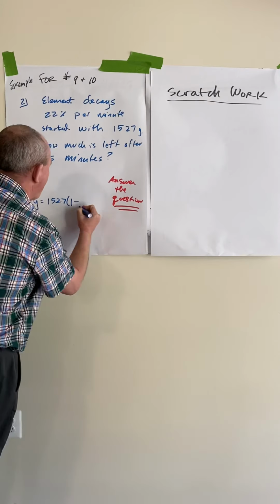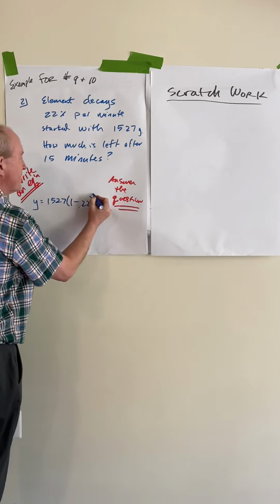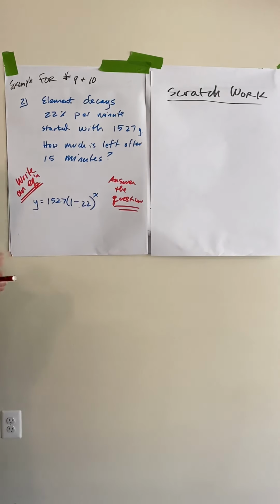So that's 0.22 raised to the number of minutes, x. Ta-da! And that would be how we figure out how much of the element we have left after a certain amount of time.